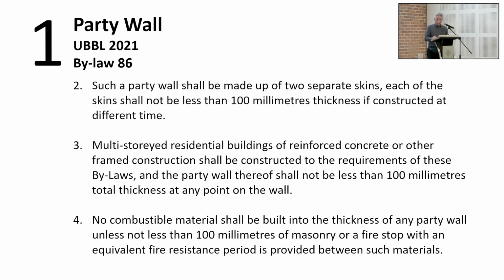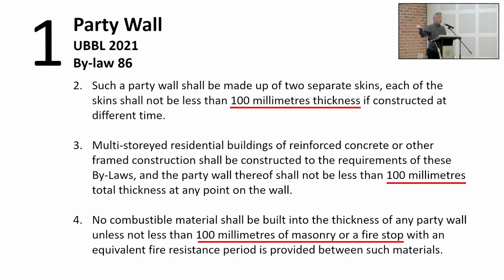Then, now let's read a little bit further. If the party wall is to be made at 2 different times, it shall be made of 2 separate skins. Each skin shall not be less than 100 millimeters thickness, constructed at different times. So that means there can be a situation where your party wall is actually only 100 millimeters.